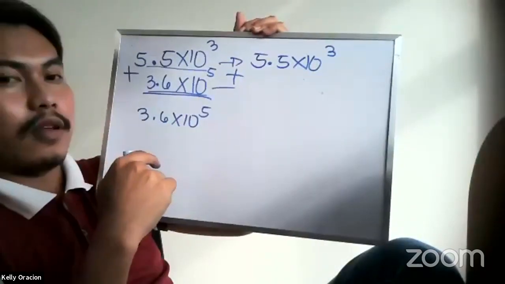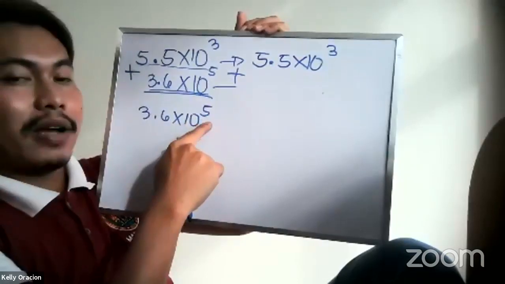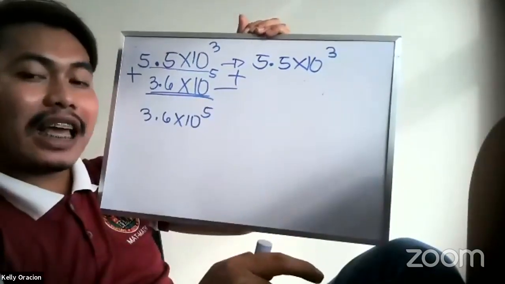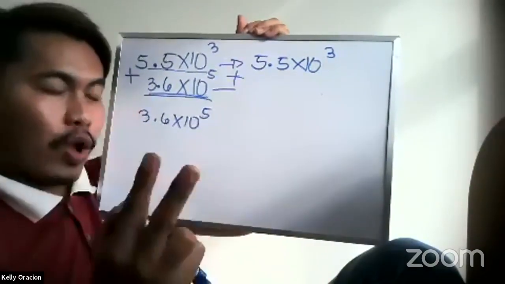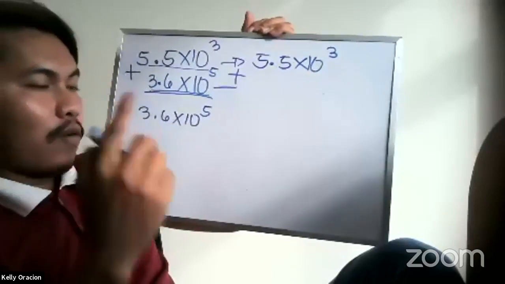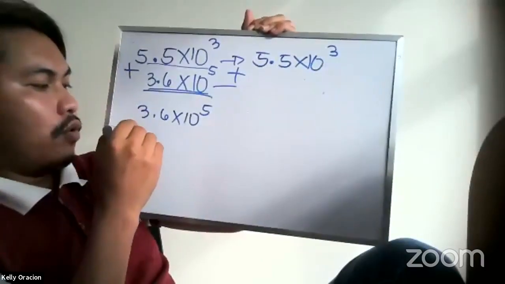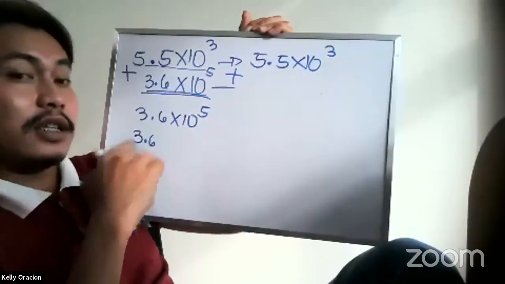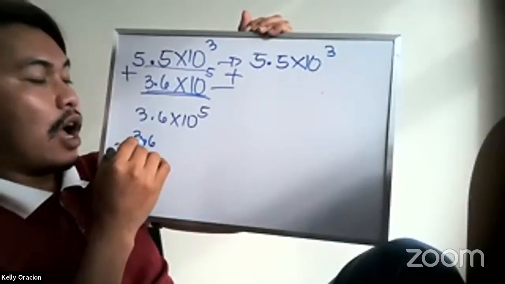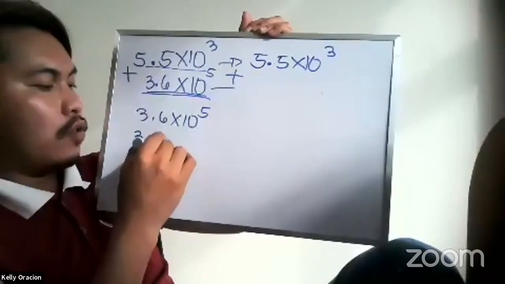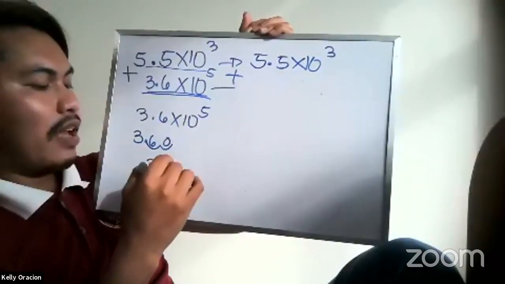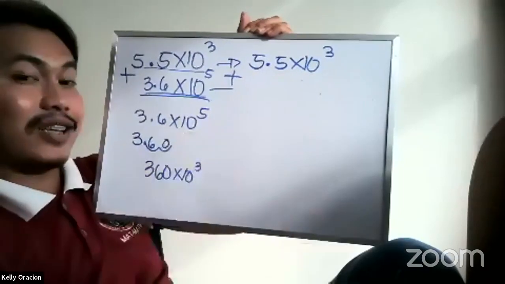5. Okay? So, since gusto natin si 5 maging 3, ilan ang ibabawas natin? 2. Since magbawas tayo ng dalawa, we need to move is 3.6. Ito 3.6, since 2 yung ibabawas, move 2 decimal places to the right. 1, 2. So, magiging 360 times 10 raised to 3 na siya.